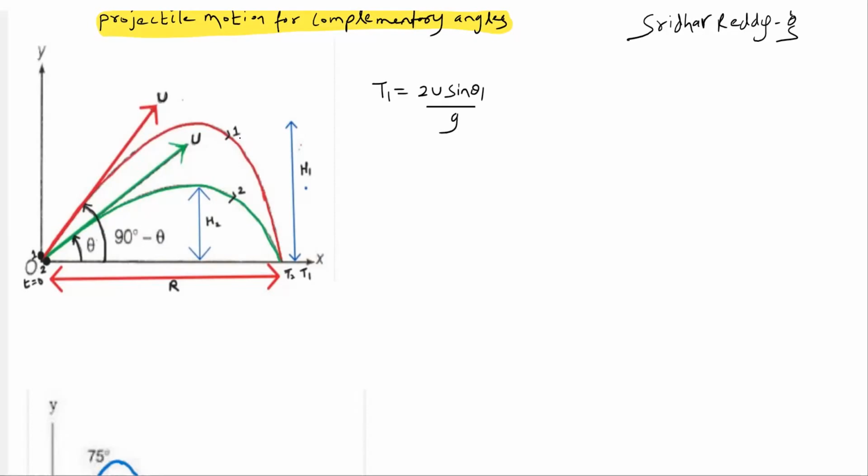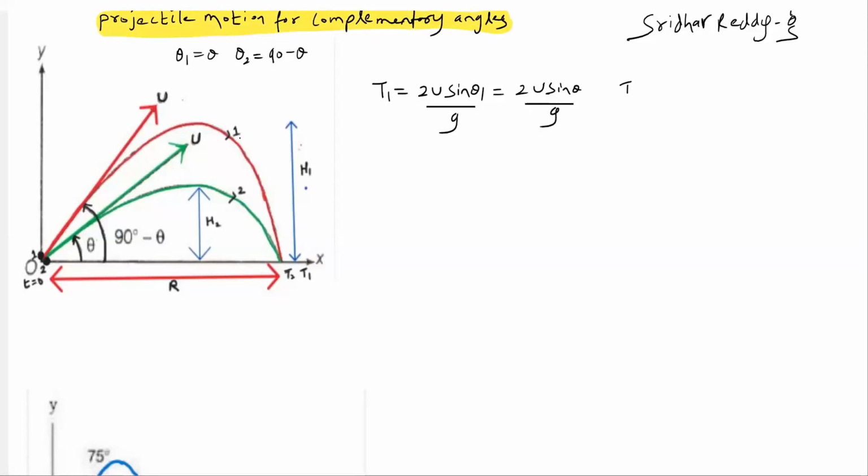How are theta 1 and theta 2 related? First, we should have the basic equation. If theta 1 is equal to theta, what about theta 2? Theta 2 will be 90 minus theta. So T1 will be 2u sine theta by g.